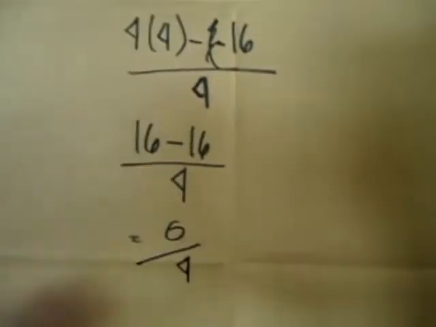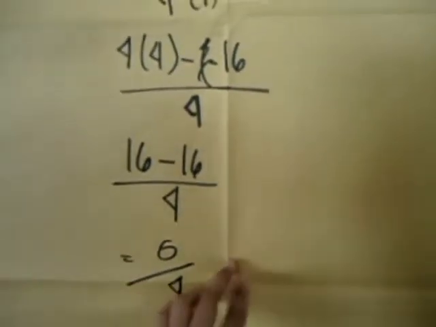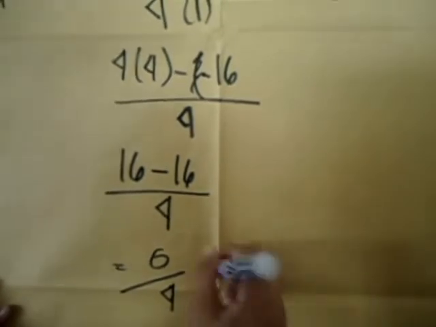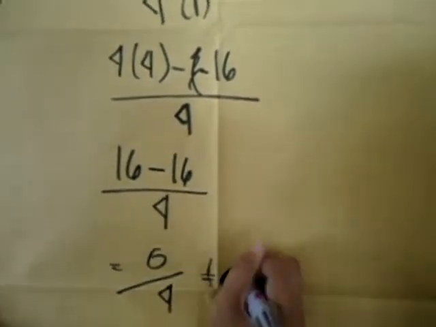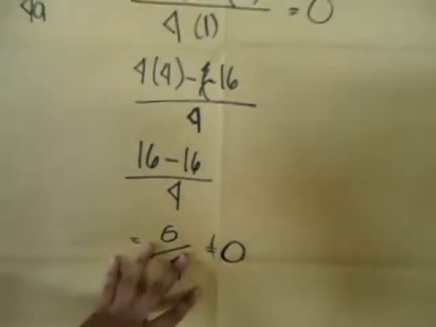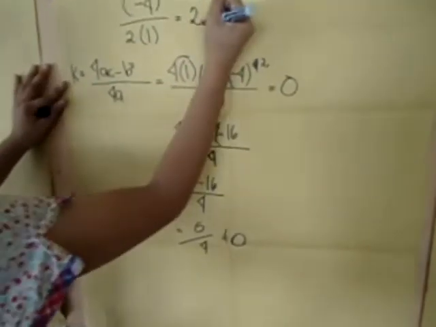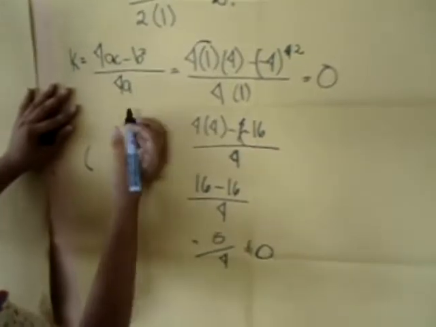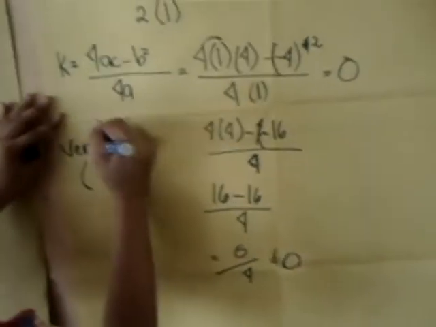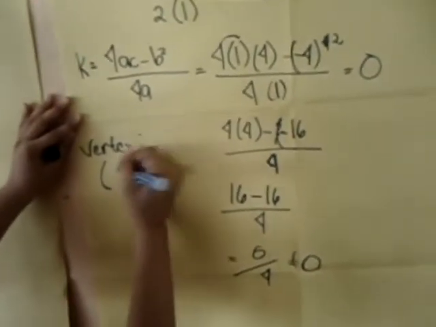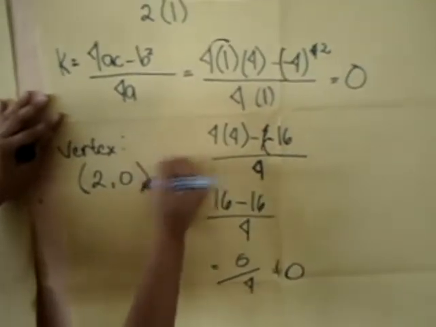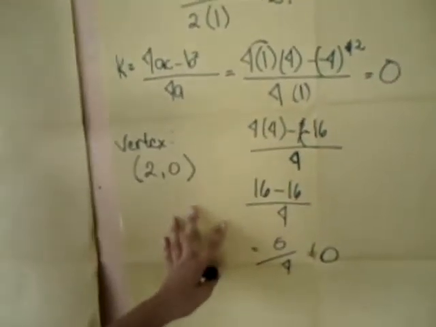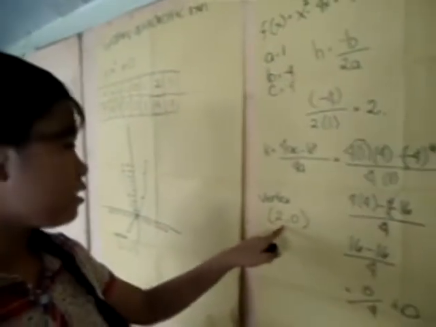Now we will have 0 all over 4, equals 0. Thus, the vertex is at 2, 0. And the axis of symmetry is the line x equals 2.